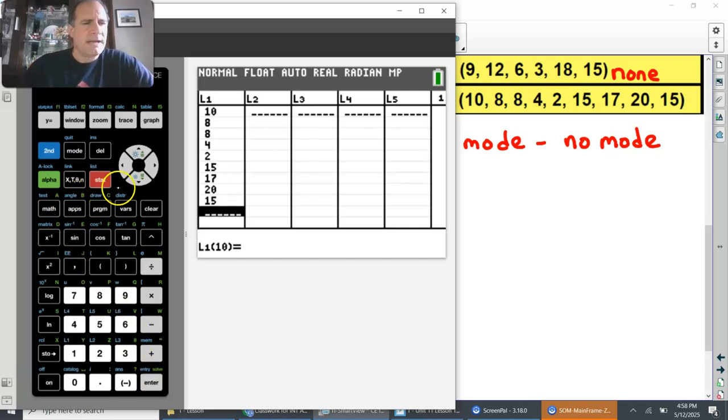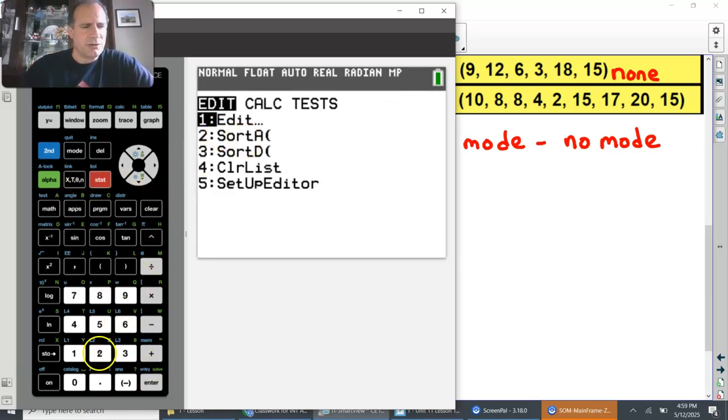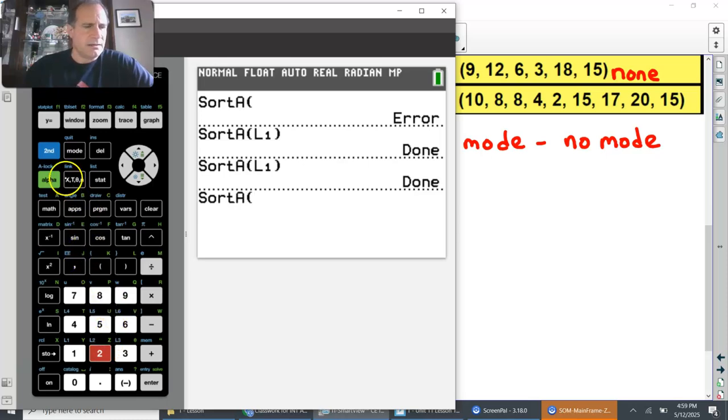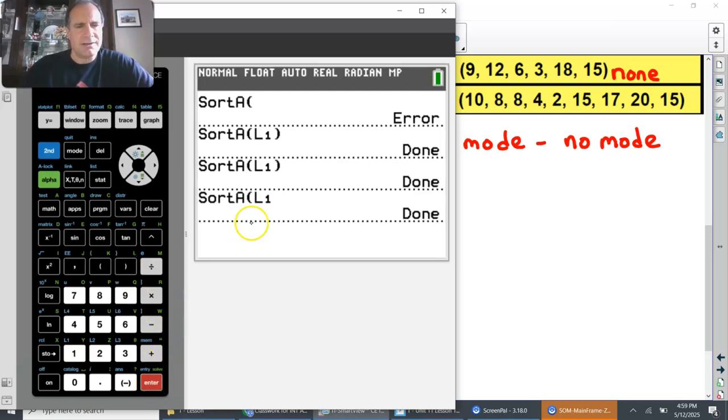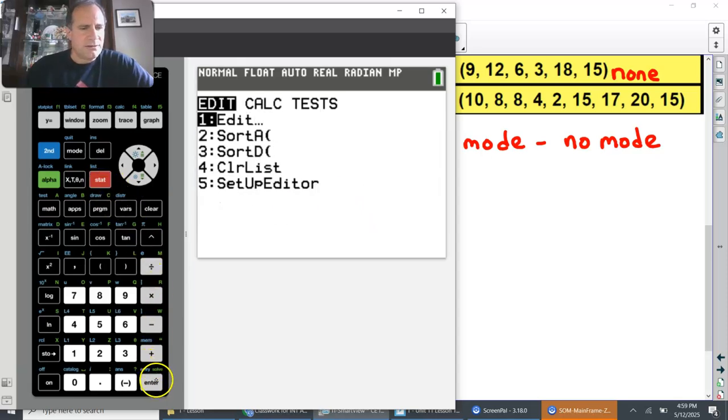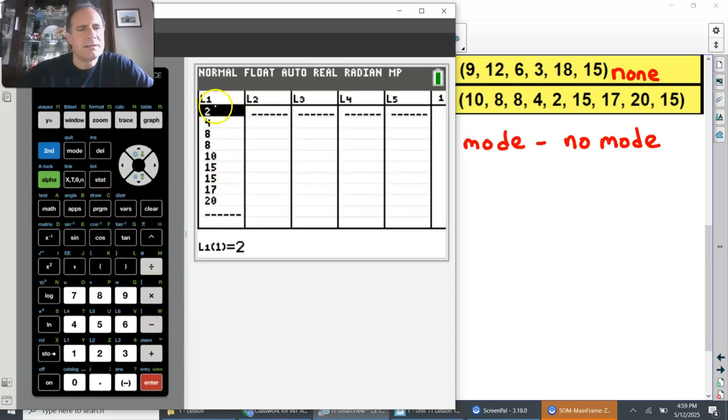So now I'm going to go back to stat and press 2 for sort ascending. So I'm going to press second function 1 for L1, and let's see if I press enter, it's done. I don't have to close the parenthesis, it's done. Stat, and then enter again, and now the list is ascending, and I could see that 8 is used twice, and so is 15.